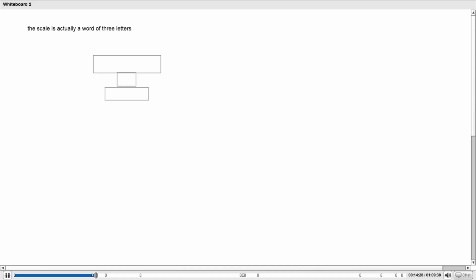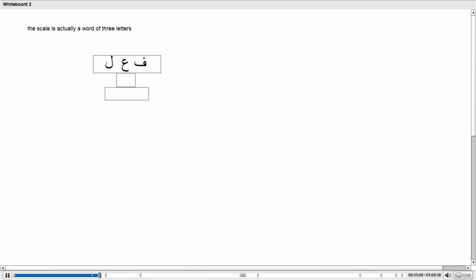And here, this is the scale. It's going to consist of the Fa and the Ain and the Lam. Fa, Ain, Lam. This is our scale.